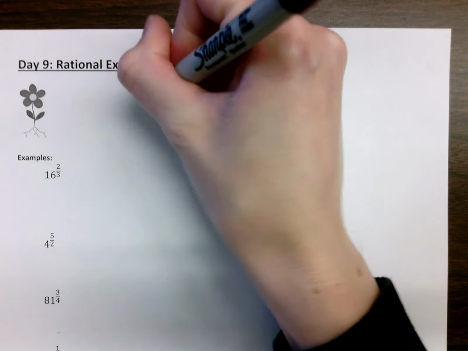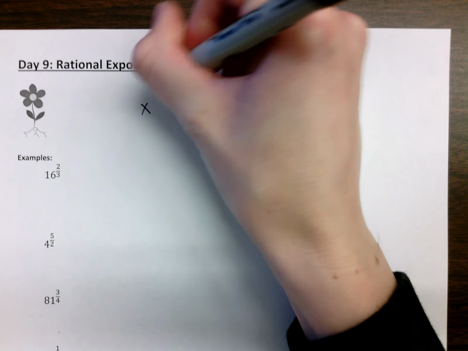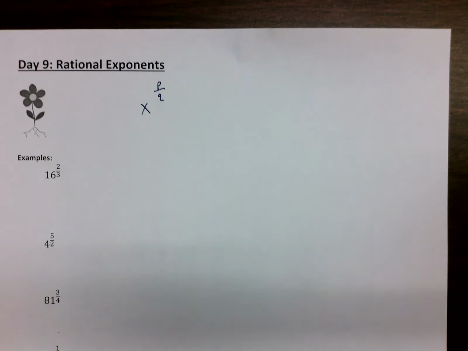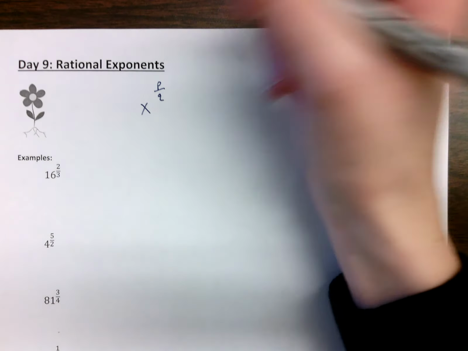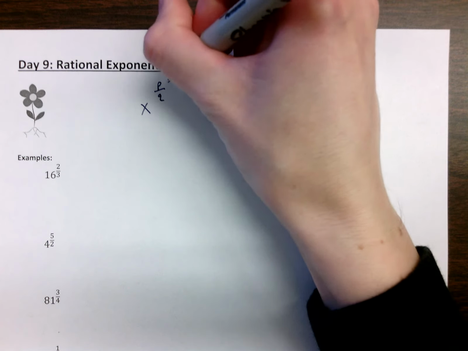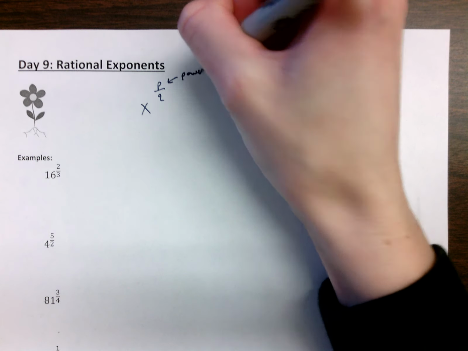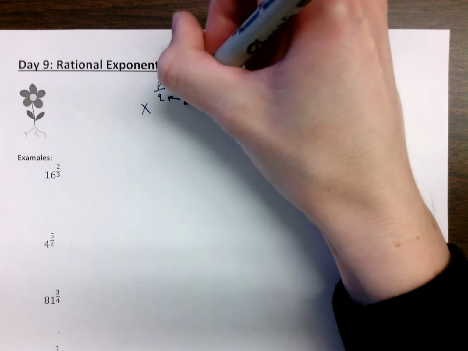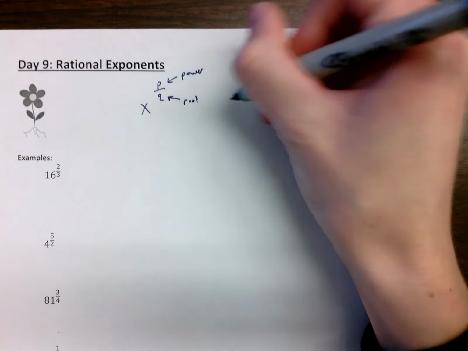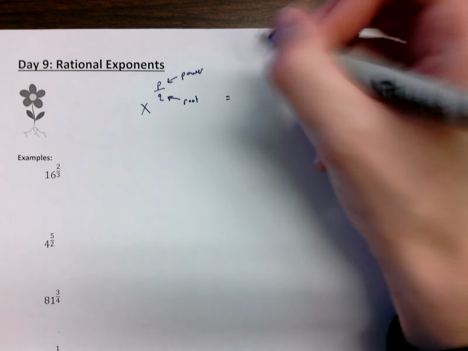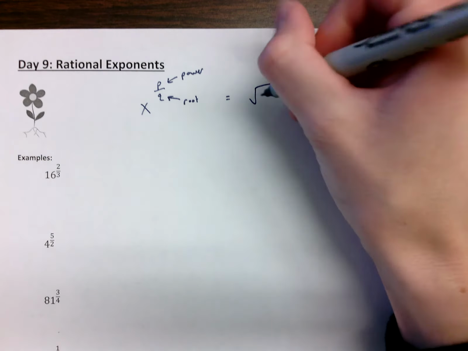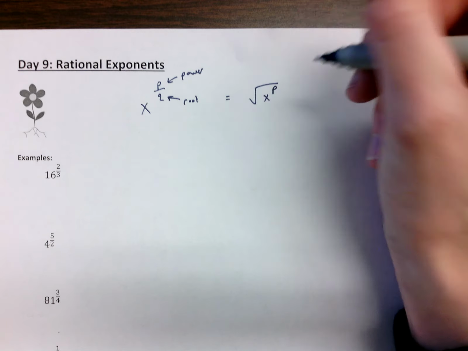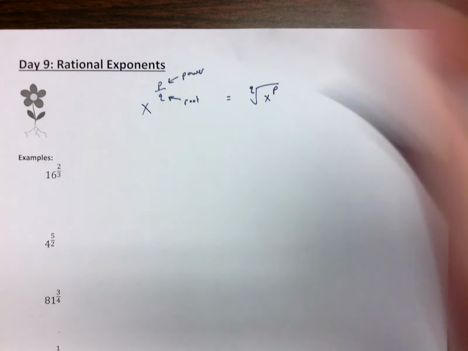So say we have some value x and it's raised to an exponent of p over q. The way that I sort of remember this is that the number on top is your power and the number on the bottom is the root. So this is equivalent to x to the p power with an index number of q.